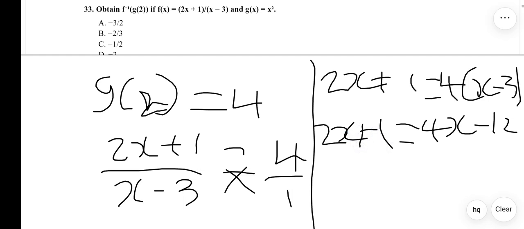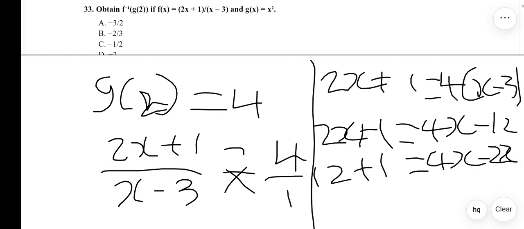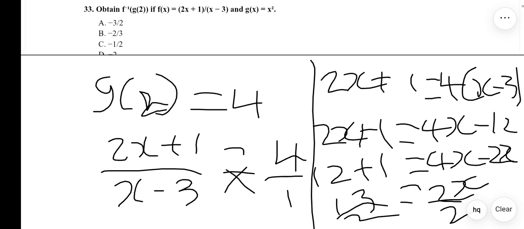So I'll take this 12 to the other side, change to plus, so I have 12 plus this 1 that is here, and I will take 2x to the other side, change to minus 2x. So 4x minus 2x will give me 2x. So 12 plus 1 will give me 13. So I will divide both sides by 2. So the answer is 13 all over 2.